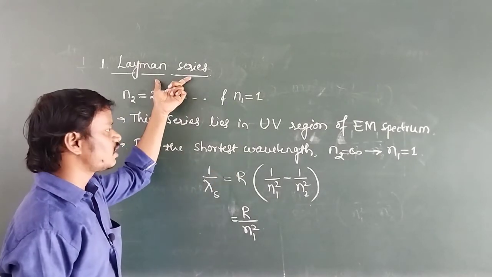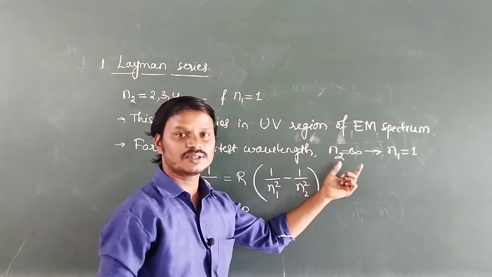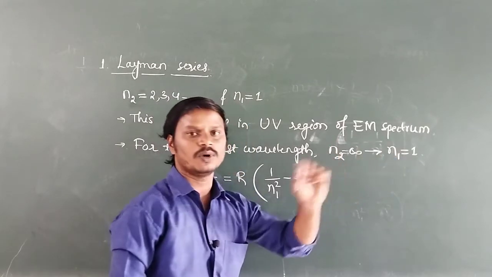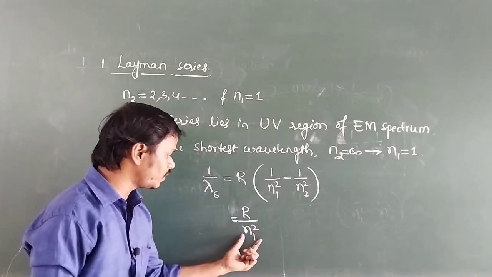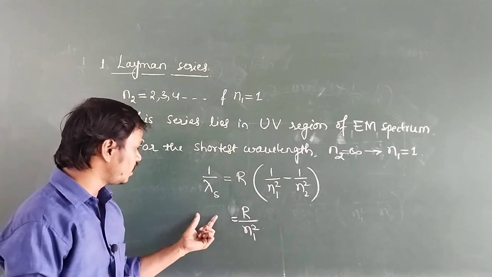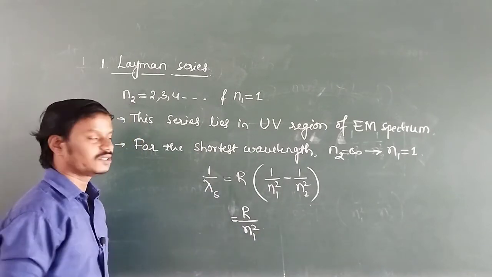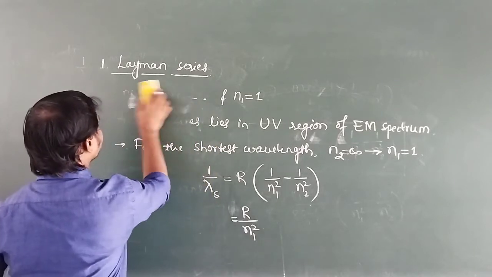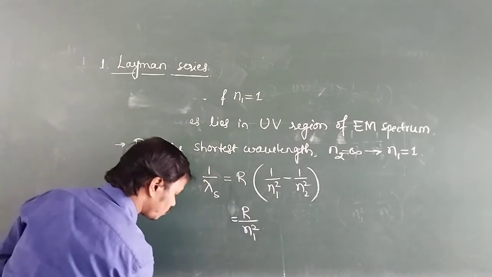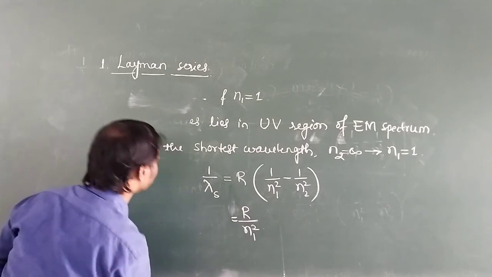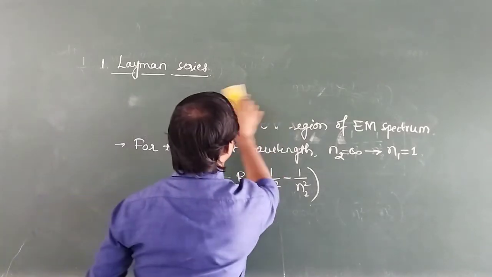In the Lyman series, the ground orbit is 1, so we can substitute the value of n1, that is 1, and we will get the shortest wavelength. Okay. Then how to find the longest wavelength? The longest wavelength.